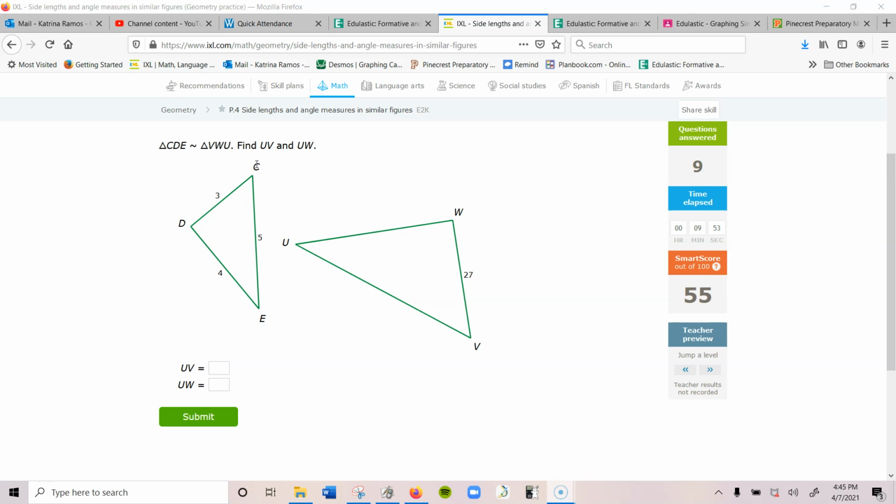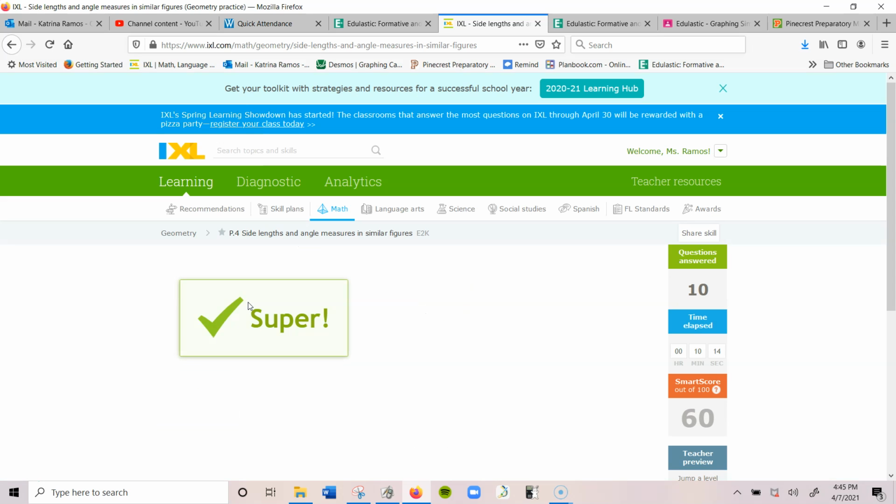So that means that in order to find UV, UV corresponds with EC. EC is 5, so we multiply by 9 and get 45. UW corresponds with ED. ED is 4, so multiply by 9, we get 36.